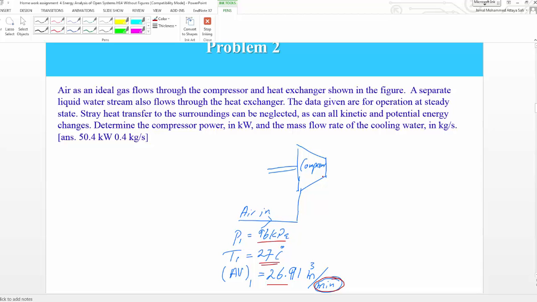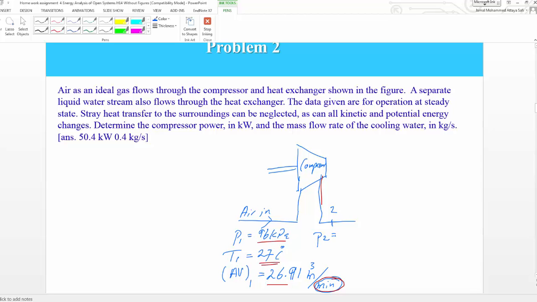And then it goes out. You can take blue here. It goes out here at 2, and at 2 we have P2. Of course, the pressure will increase.